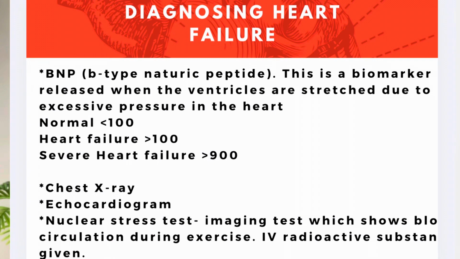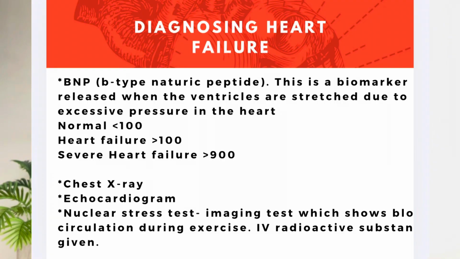This is a biomarker that is released when the ventricles are stretched excessively because there's pressure in the heart. Normal BNP is usually below 100. Anything above 100 is indicative of heart failure. But if you get a BNP above 900, then it's indicative of very severe heart failure.